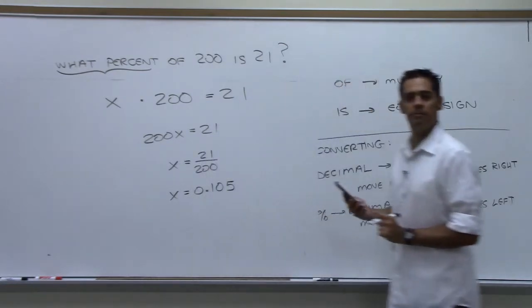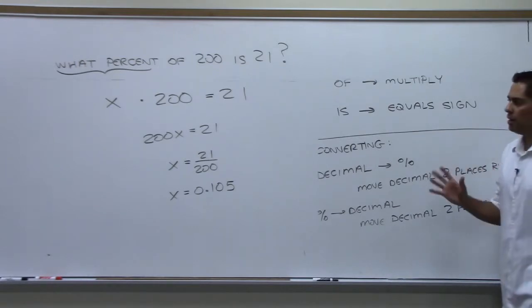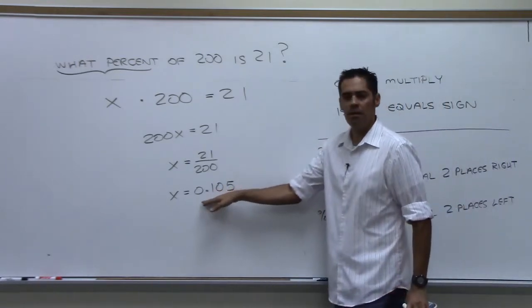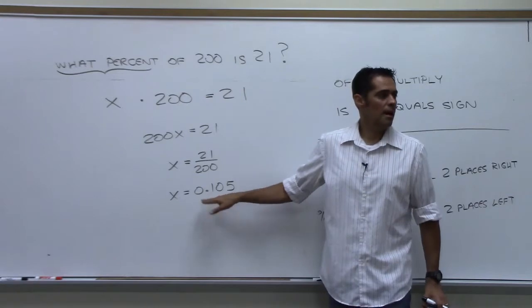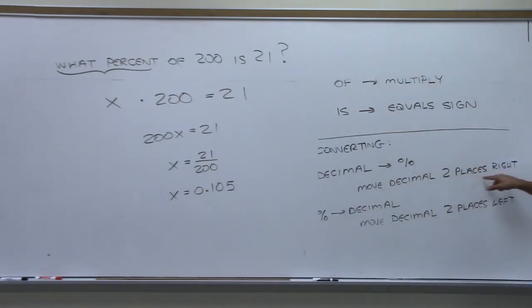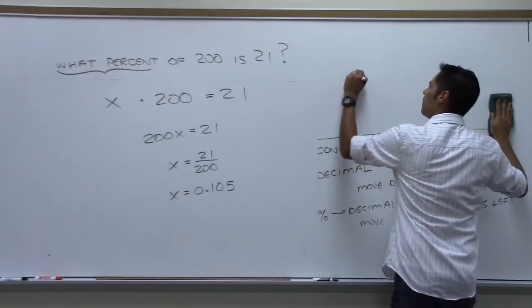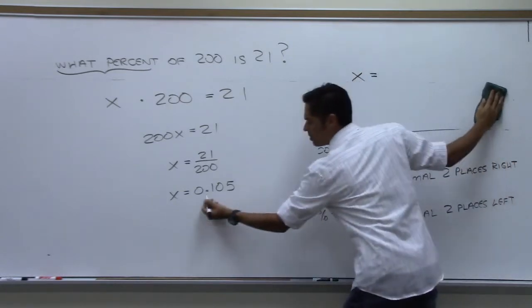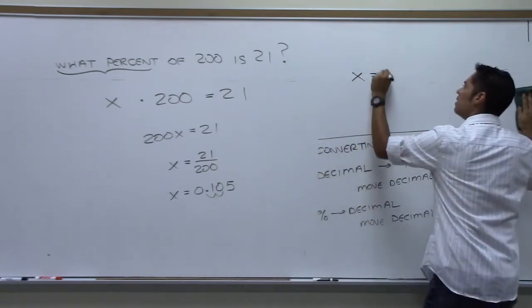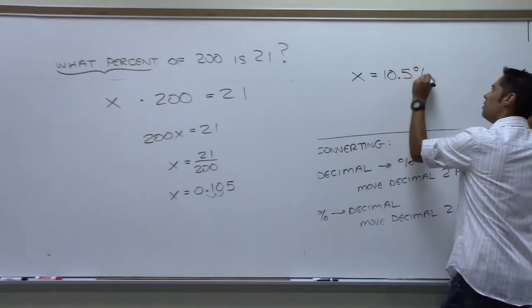Anyone else get that? That's the percent, but it's not written as a percent, it's written as a decimal. How do we convert a decimal to a percentage? Move the decimal 2 places to the right. So I'm going to say that x is 2 places to the right, 10.5%.